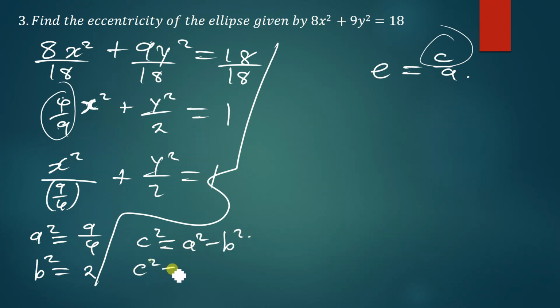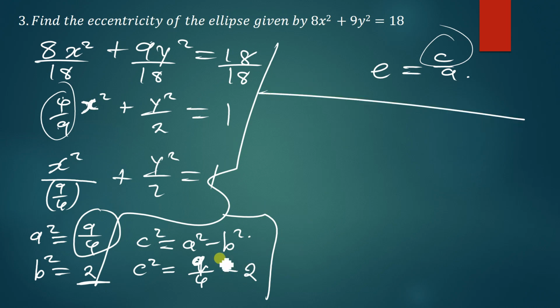So c squared is equal to a squared, which is 9/4, minus b squared, which is simply 2. When you do the subtraction, 9/4 minus 2, this gives us 1/4.